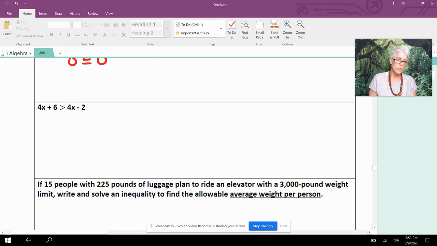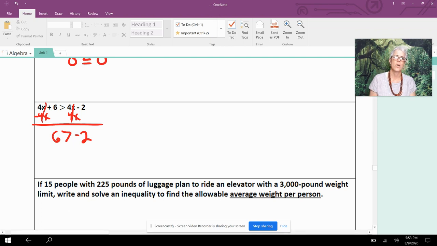Okay, next one. Now, when I bring the x's together, they cancel each other out, and I have 6 is greater than negative 2. So normally with an equation, we would automatically say no solution. But with an inequality, you have to look at each individual problem.